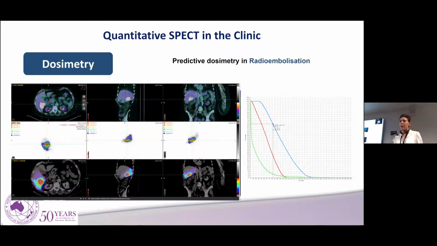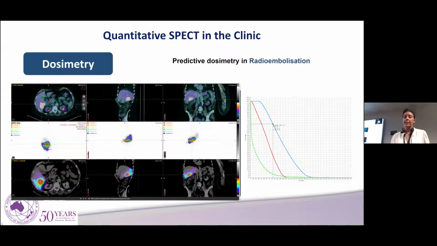And there has been some argument in the literature over the last several years about the role of the MAA and whether or not it can be expanded to also look at the lesion targeting within the liver and go a step further to use it for predictive dosimetry. I think the argument generally is that we have no other tool to do this, so yes, it should perhaps be performed. Certainly there are many sites around the world that do this routinely, including us at Royal North Shore Hospital, and it really has become a very invaluable tool in the treatment planning sense.